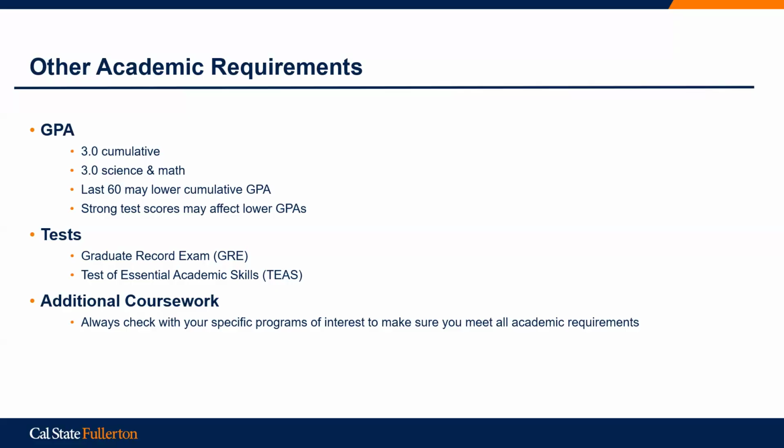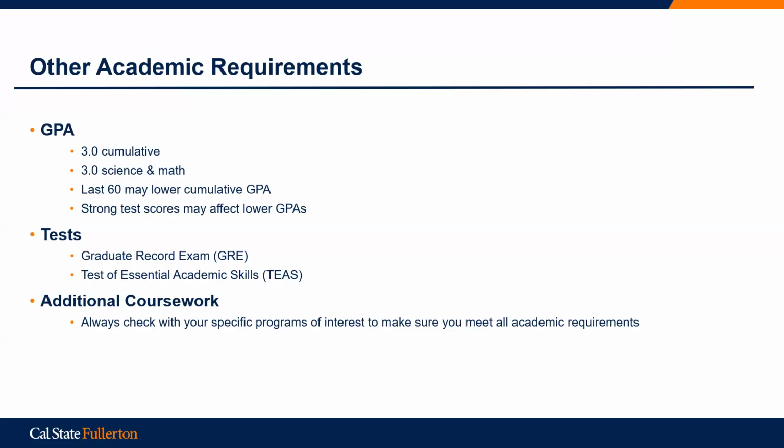And finally, everything that we went over, prerequisites, all that stuff, this is general, right? This covers a majority of programs. But some programs may require less, some might require different things, more specific things, more things. So it's always good to check with your specific program of interest to make sure you are meeting all academic requirements. This can include dates that you have to have all of your prerequisites completed by, right?